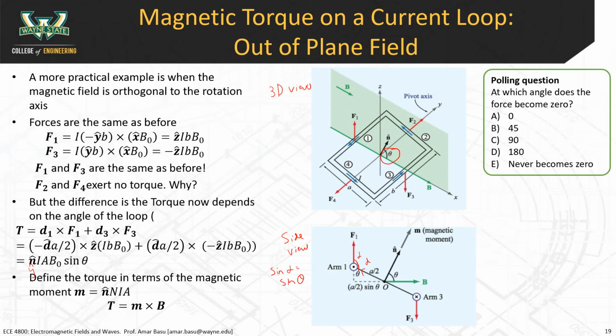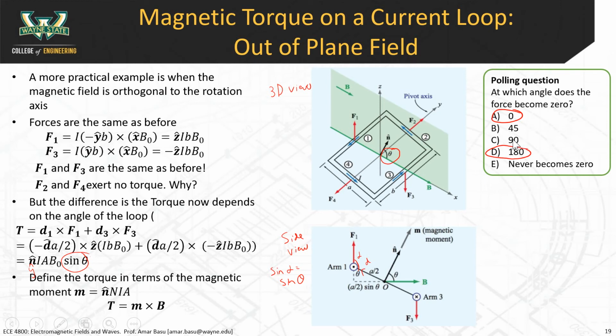All right, let's see where we're at. 18 out of 21 have responded. We actually have an even split of A, B, C, and D. There are actually two correct answers, A and D. Sine of theta reaches a maximum when theta is 90.